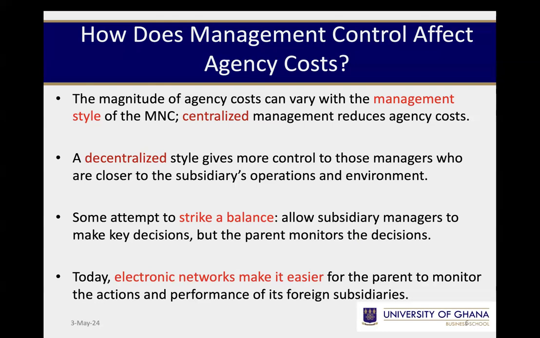We have centralized management, which reduces agency costs because then it allows most key decisions or all key financial management decisions, for example, to emanate from the parent company, and the subsidiary is only an implementing body so that the key decisions are taken at the headquarters and cascaded down to the subsidiaries for implementation.